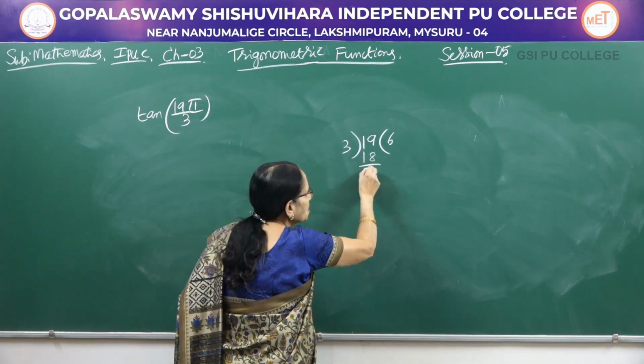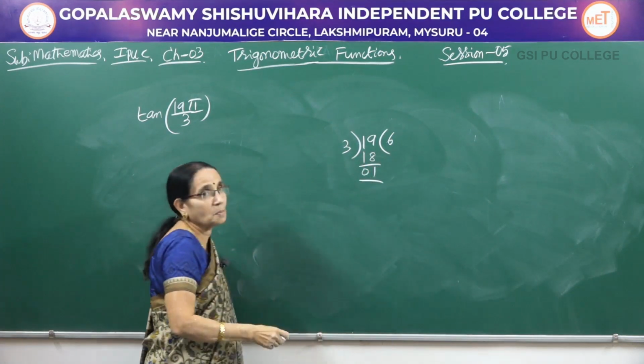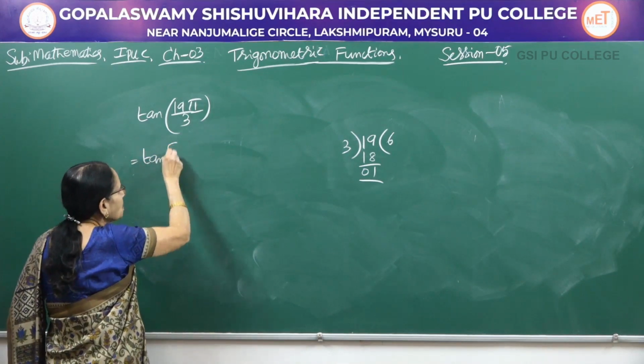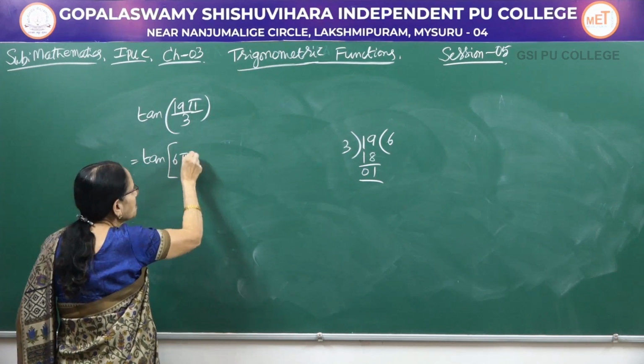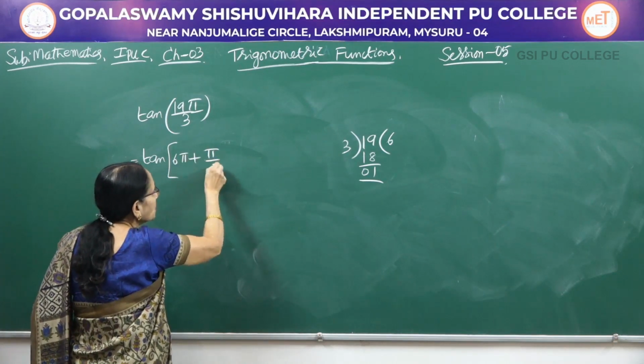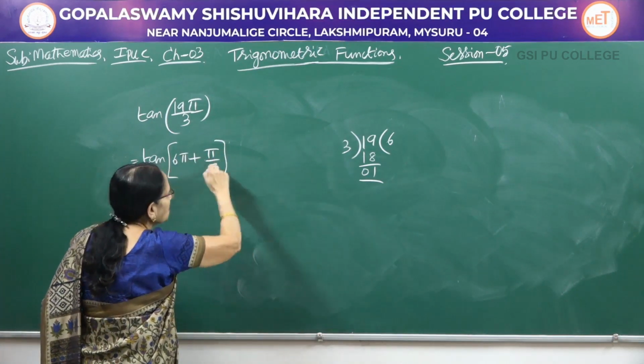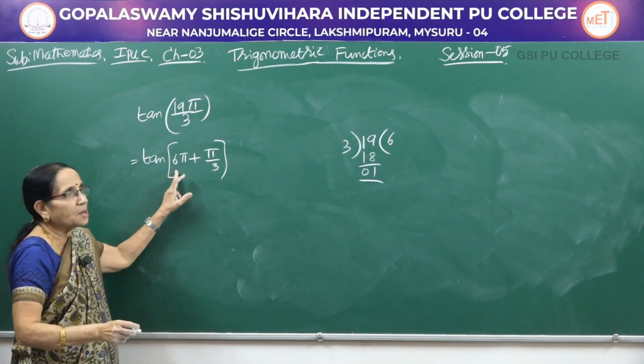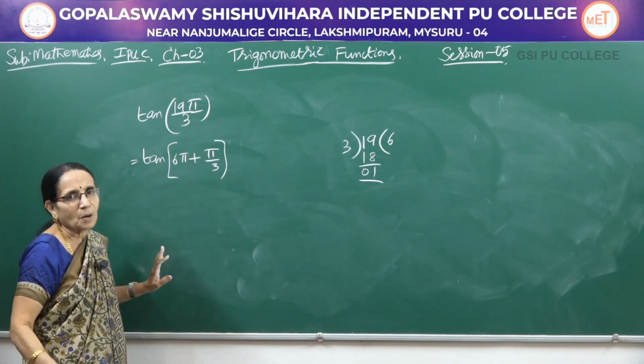How many times? 3 sixes are 18, and 1 is remaining. So, how could you express this one? Tan of 6 pi plus again pi by 3. 1 is the remainder, pi by 3, 1 into pi. You multiply, take the LCM 3, 6 threes are 18 plus 1, that is 19 pi by 3.